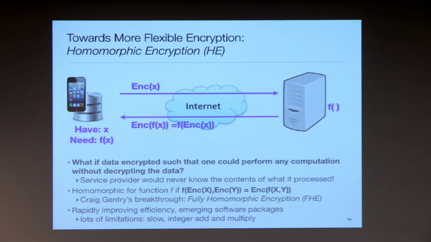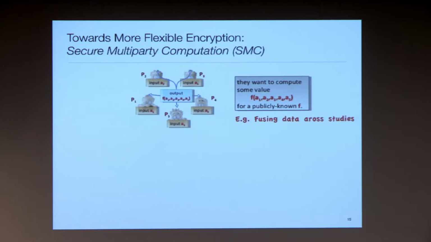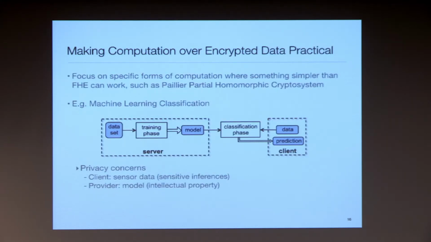So it's a rapidly improving technology. And just to give you a sense of that, I'm going to jump ahead one slide. A recent work out of MIT showed that machine learning classifiers, which we routinely use in mHealth, can be done very efficiently with this kind of approach, where you can farm it out to a server. In fact, they go even further.